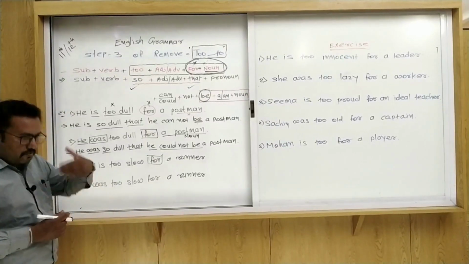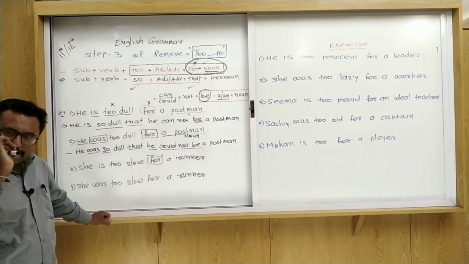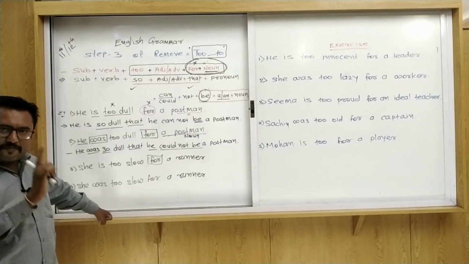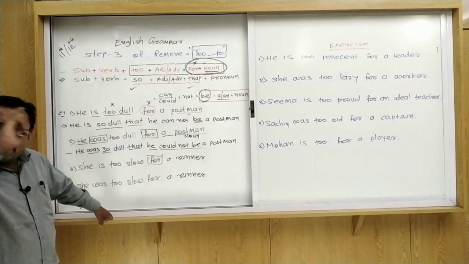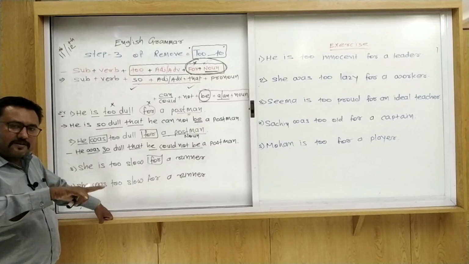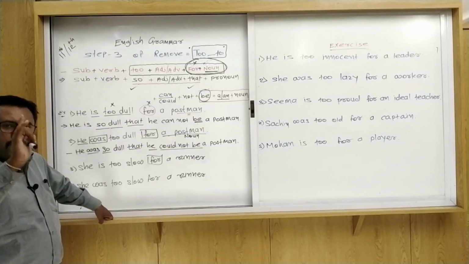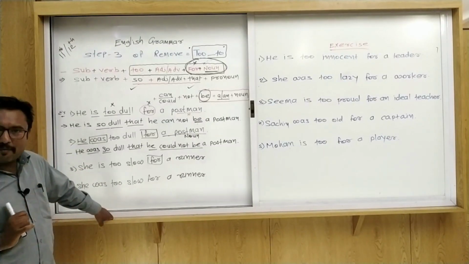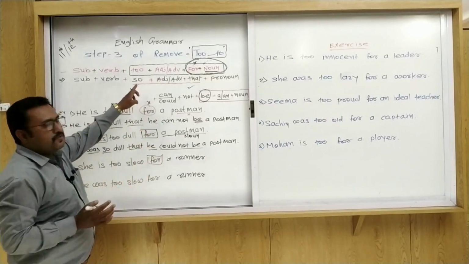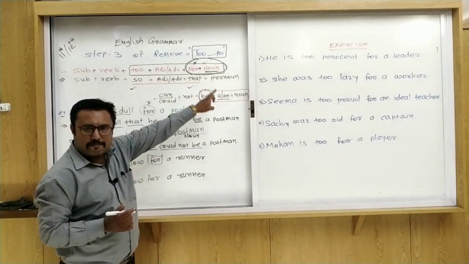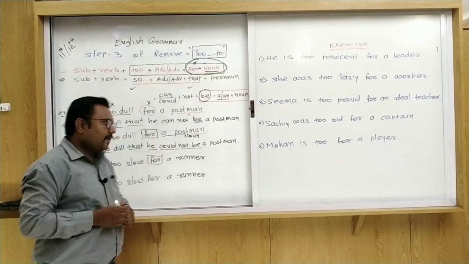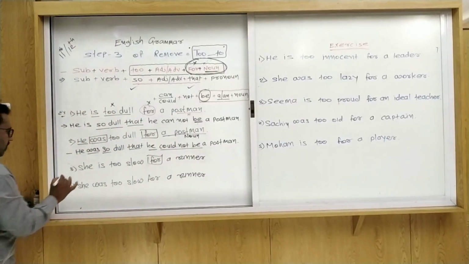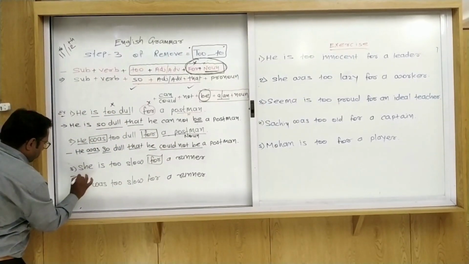Okay, so today we discuss step 3. Step 1 is about too, to. The second one is about too, to plus pronoun. And today too, for plus noun. Okay.